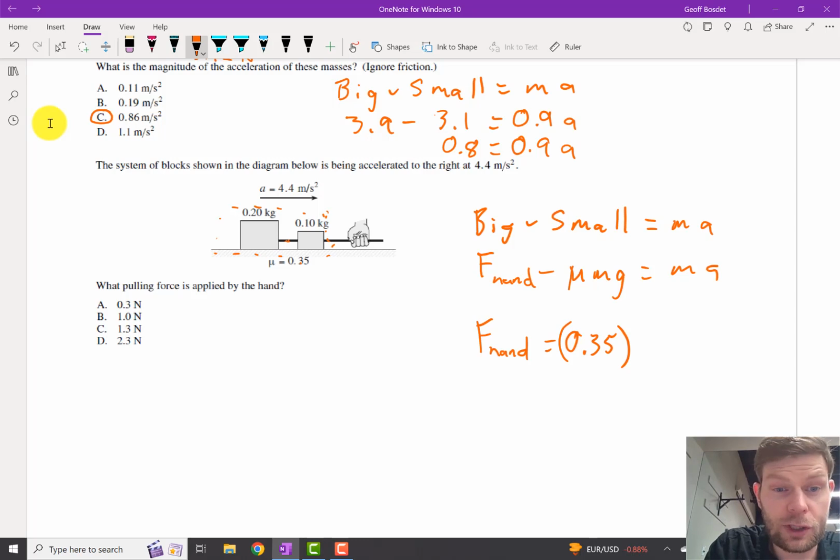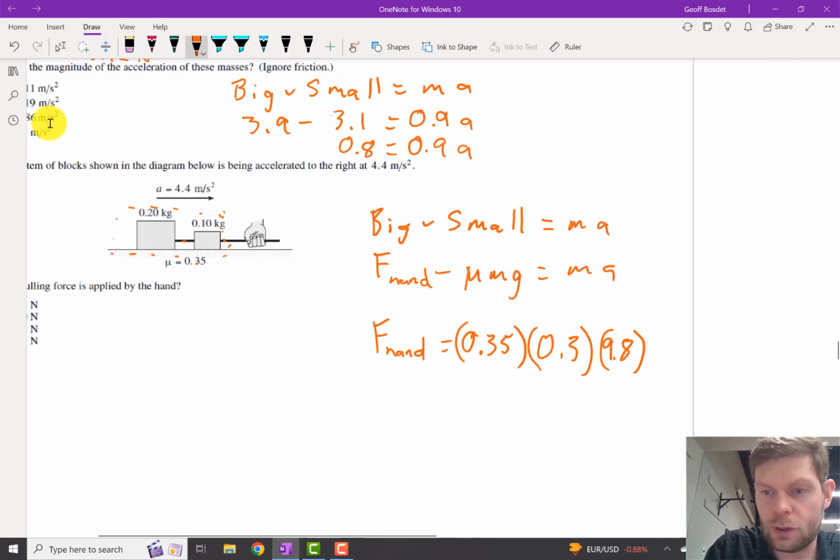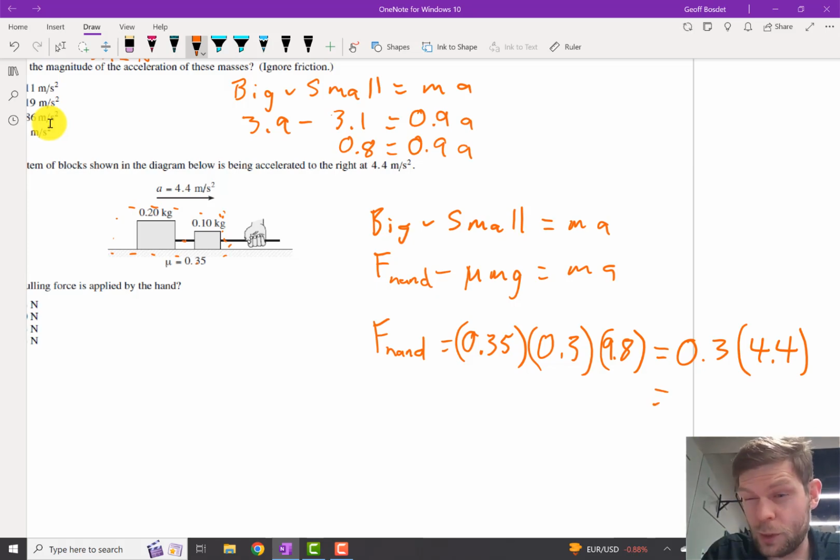I'm going to use the total mass because I'm doing the whole system, and it's all got the same coefficient. So 0.3 times 9.8, and that's going to equal 0.3 times 4.4, which would be 1.32, I believe.